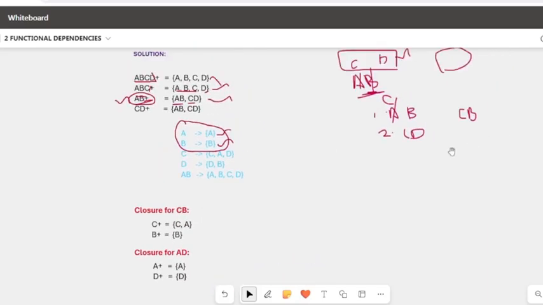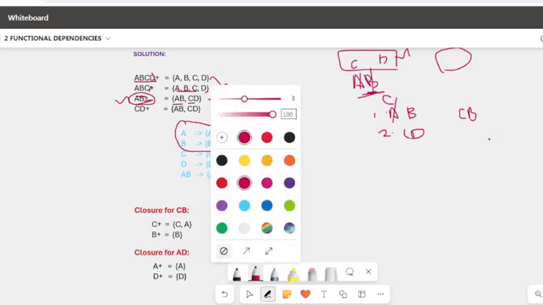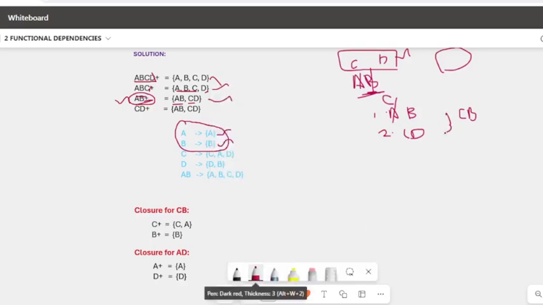Check the closure of CB: C closure is CA and B closure is B. Hence these are not super keys, so this CB is called a candidate key. So this is the third candidate key.